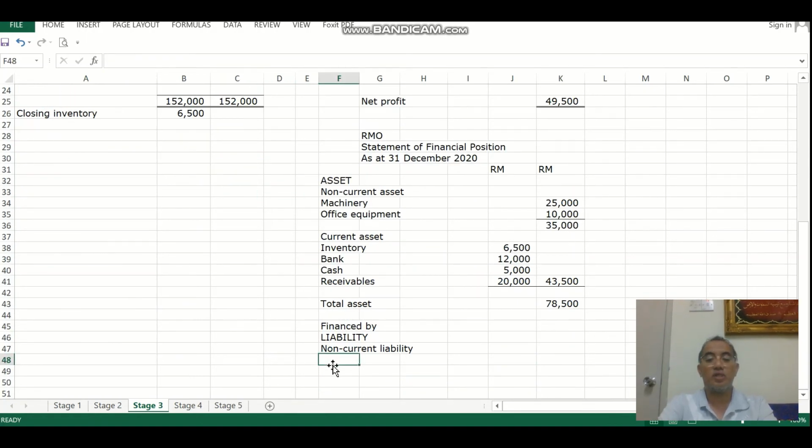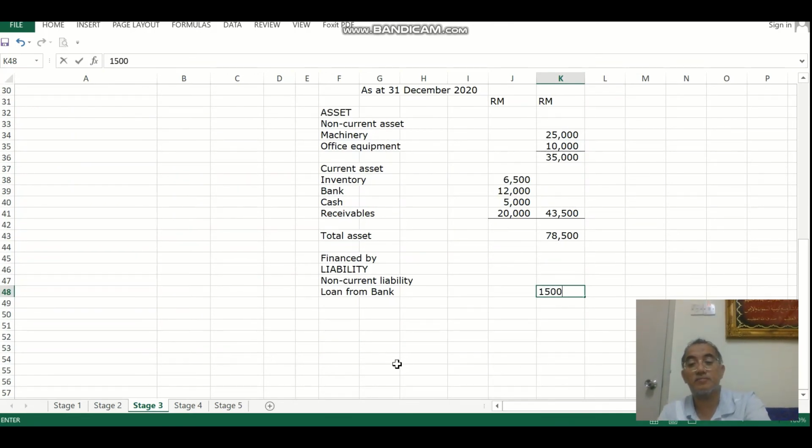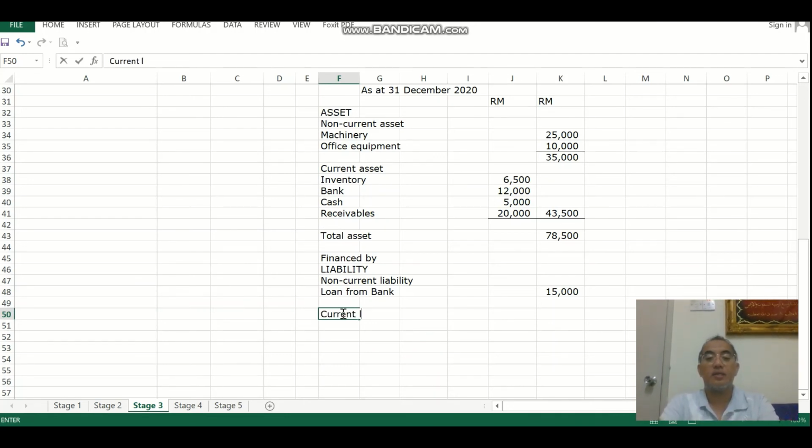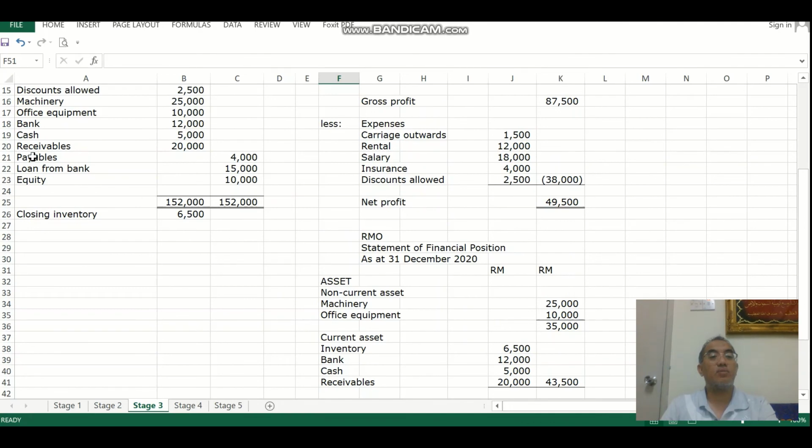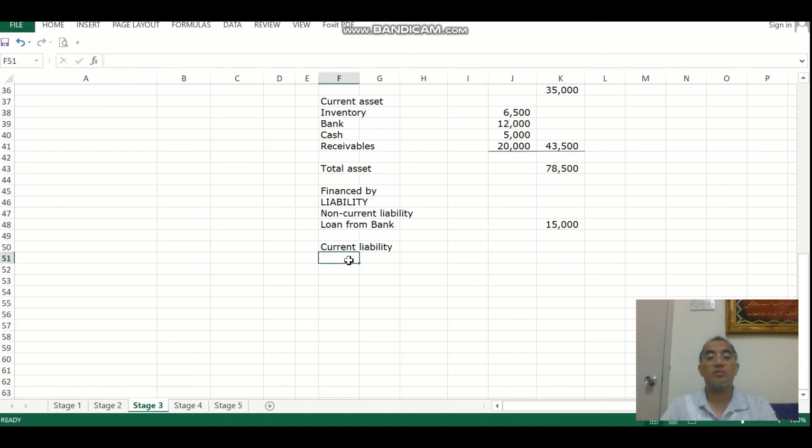So I just put here loan from bank, 15,000. And current liability. Okay, my current liability, I have only one, that is my payables, 4,000. So I just put here payables, 4,000.